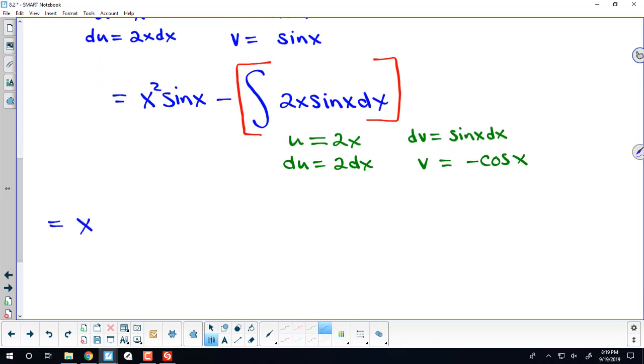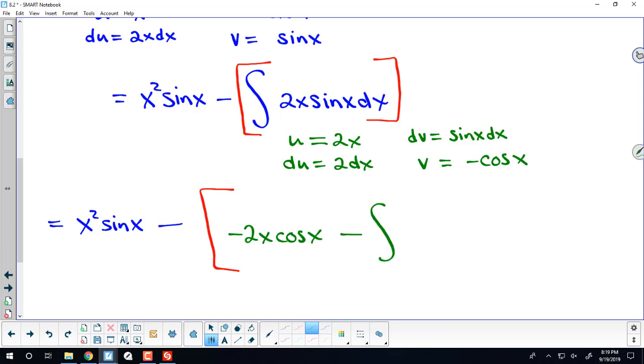So we have x squared sine x minus all of this stuff, uv minus 2x cosine x minus the integral of v du.